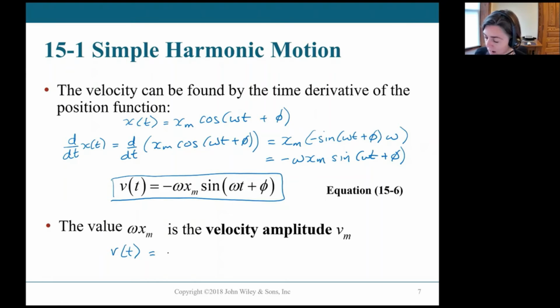You could write it as this, where I've grouped together this omega and this xm, the things in front of the sine function, because those represent the velocity amplitude, the maximum velocity, okay? And I could rewrite my velocity equation as I have at the bottom here, with this Vm being equal to omega times xm.